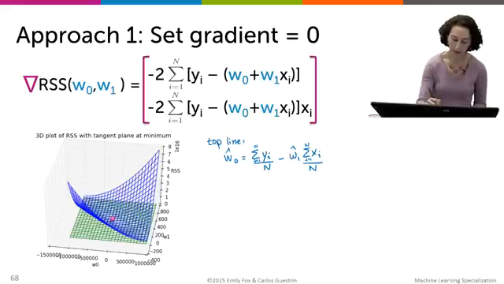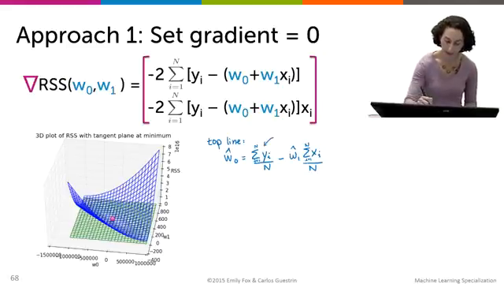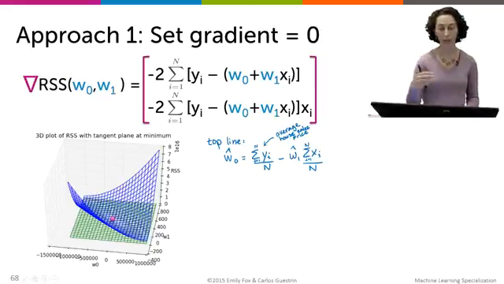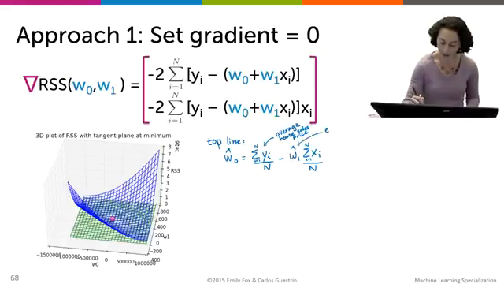And what we see is that our estimate of the intercept for our regression line, well, what is this? This is our average house sales price. But we're not simply going to set W0 equal to the average house sales price. We're going to subtract off our estimate of the slope of the line.